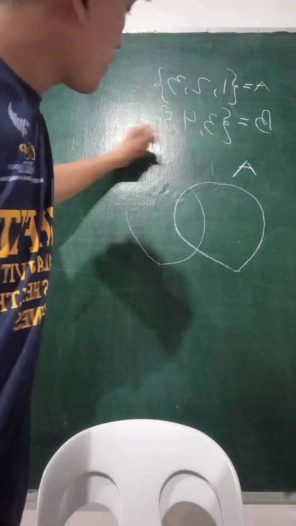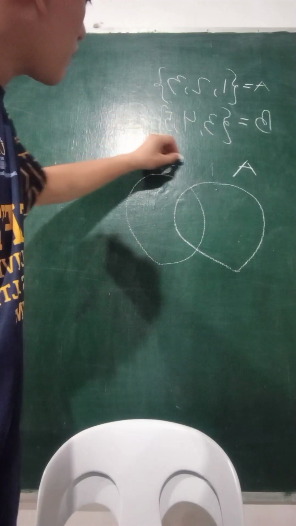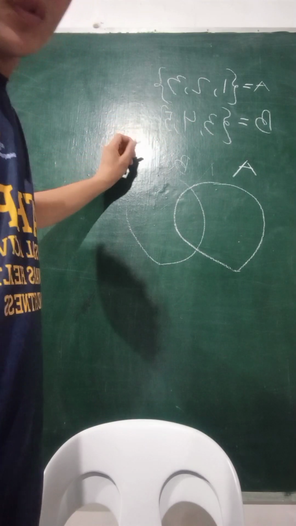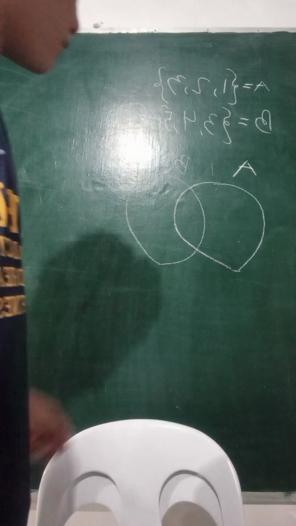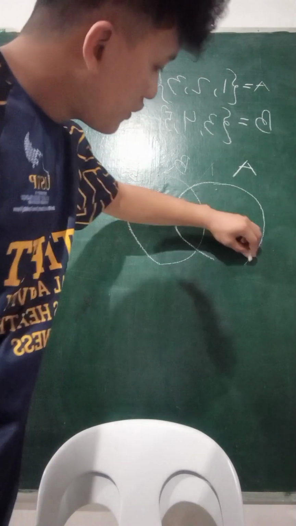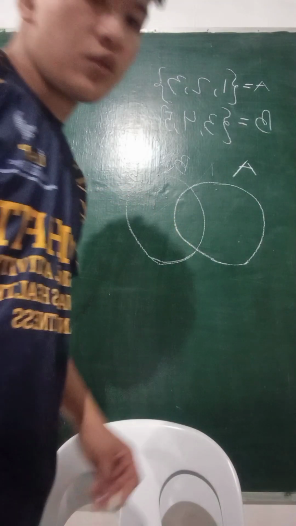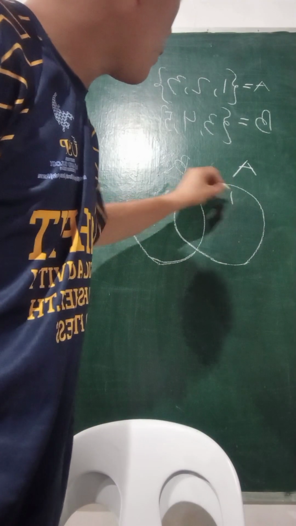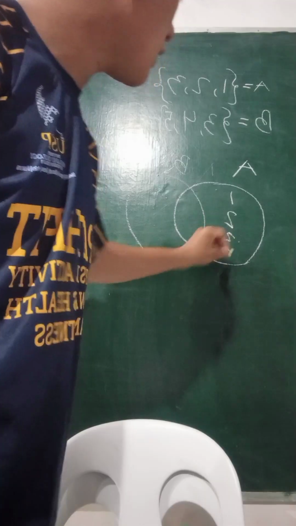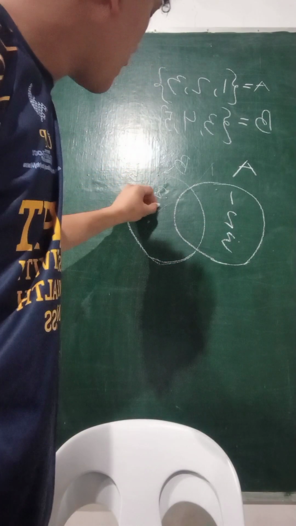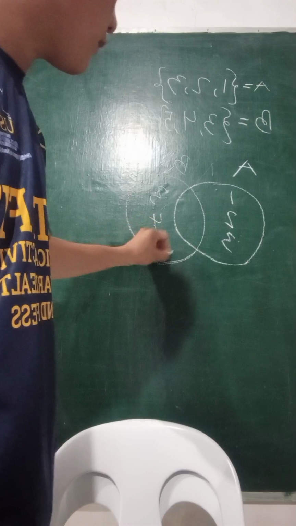I think that area is not very clear. So this is set B here. The elements of set A, which are 1, 2, and 3, and for set B, 3, 4, and 5.